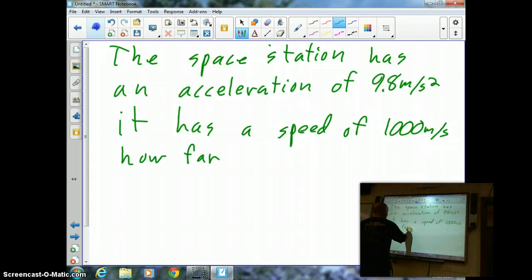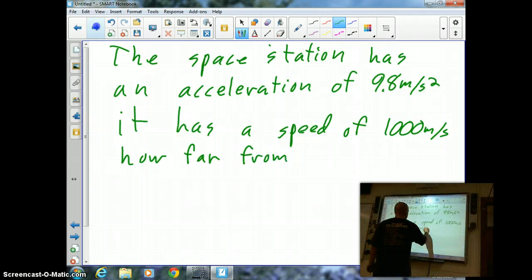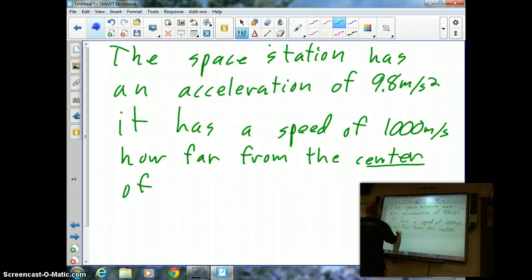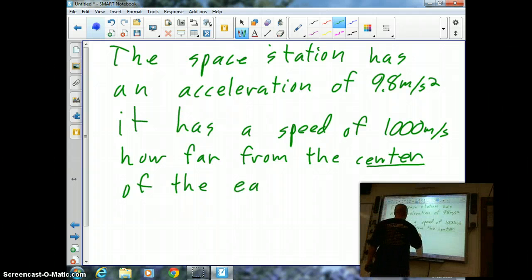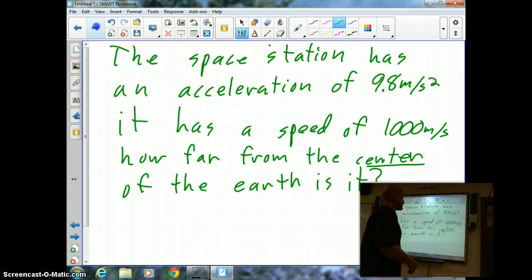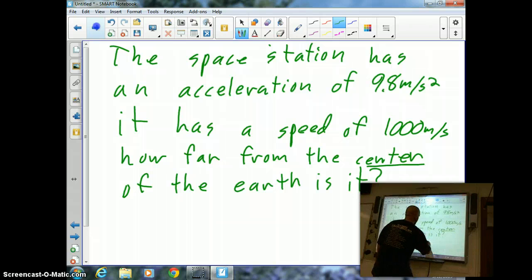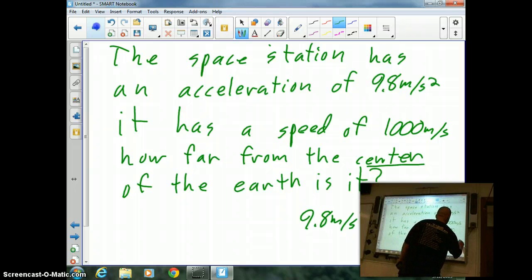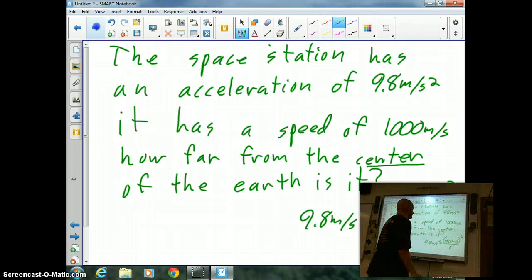So how big is the circle? How far from the center of the Earth is it? So we're trying to find the radius. Here we're going to have 9.8 meters per second squared equals 1,000 meters per second, squared, over r.